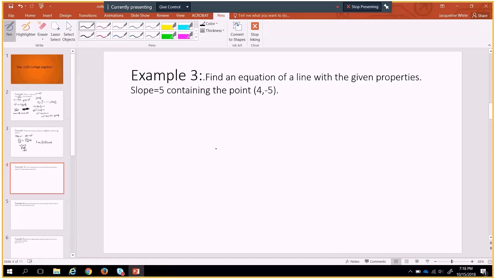It asks, find an equation of a line with the given properties: slope is equal to 5, and containing the point 4, negative 5. What is that special formula for making an equation of a line when you have a slope, in this case m is equal to 5, and a point, 4, negative 5?